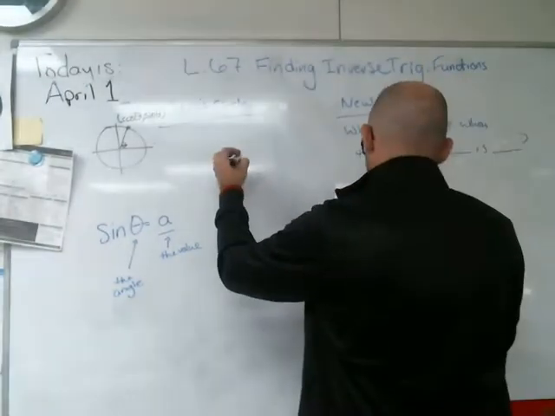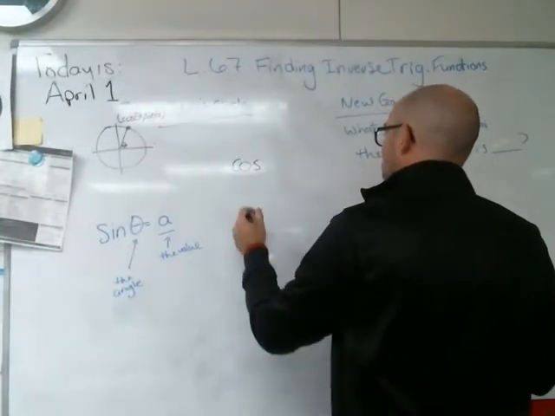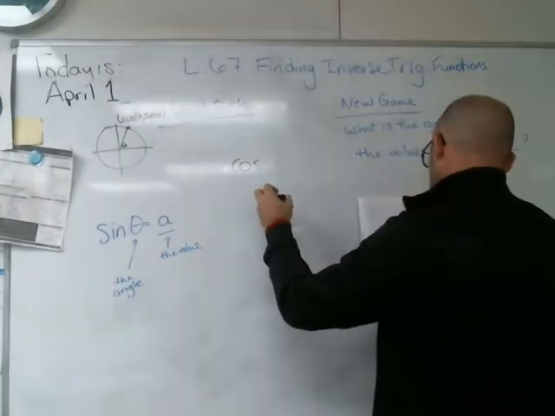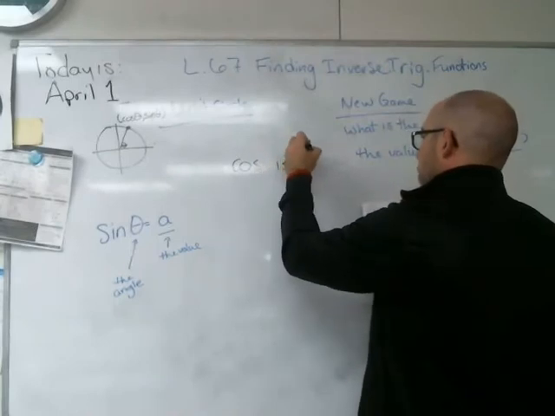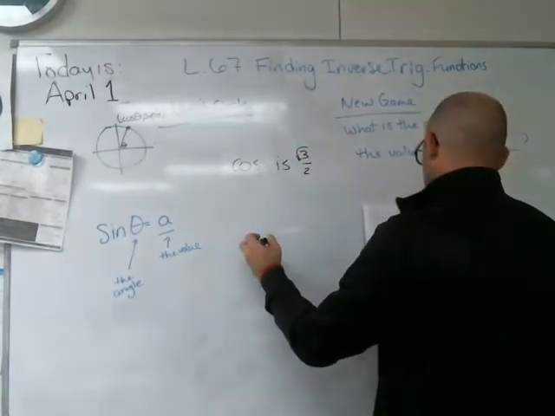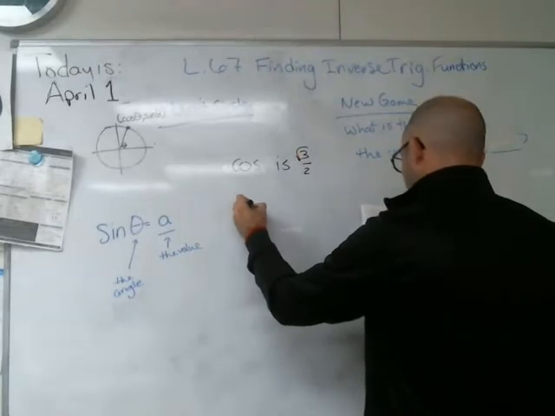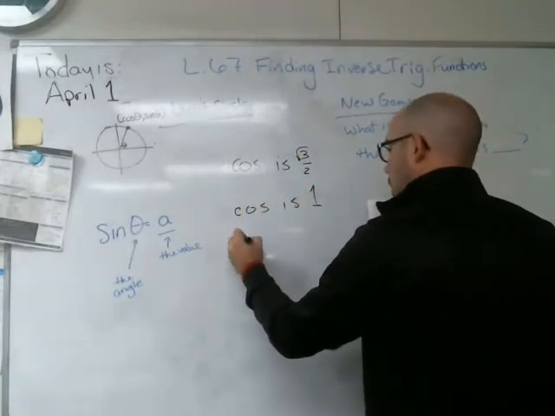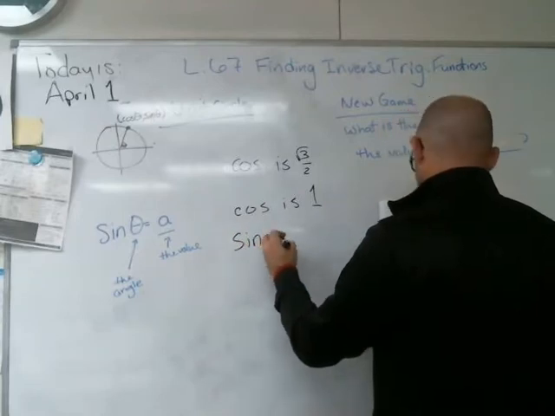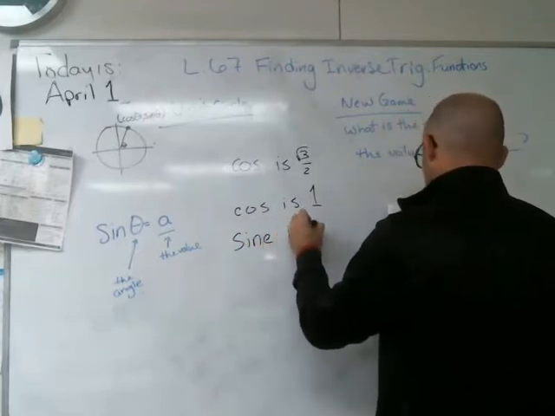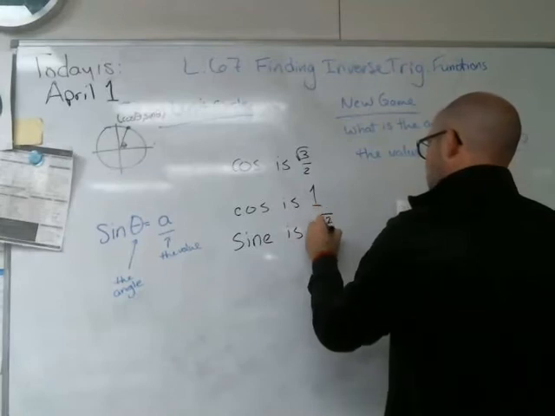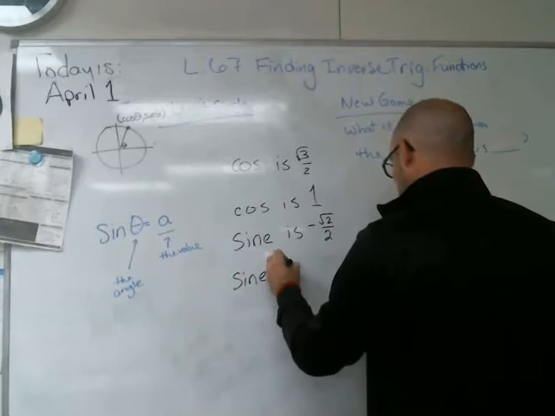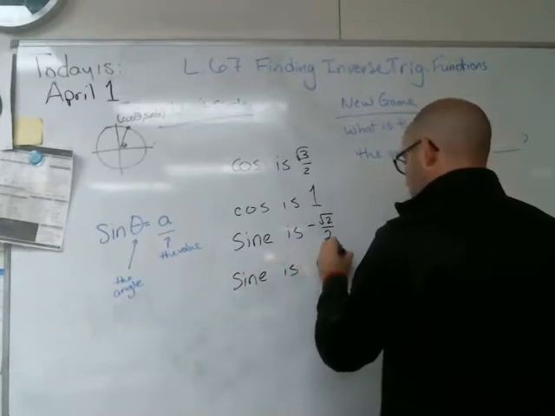All right, so here we go. What is the angle when cosine is square root of 3/2? Or cosine is 1? Or the sine is negative square root of 2/2, or I'll give you another one, when the sine is 0.